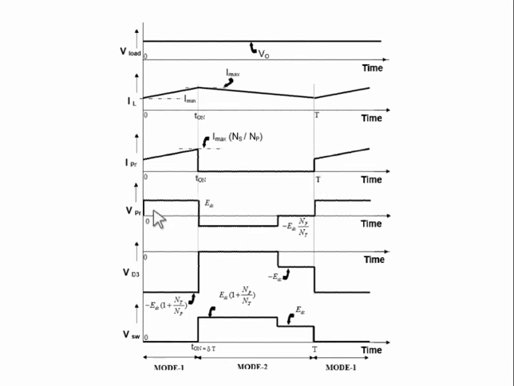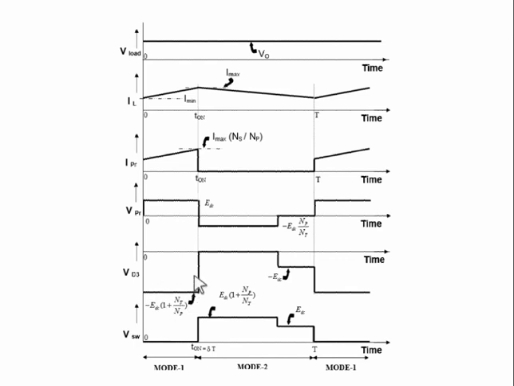The voltage appearing across the primary winding is equal to this. When the switch is on, we get the positive supply voltage across the primary. When the switch is turned off, as we know, the inductor releases energy in the same direction, so the negative terminal becomes positive. So the voltage across the primary winding is negative, and its magnitude is minus EDC NP divided by NR.